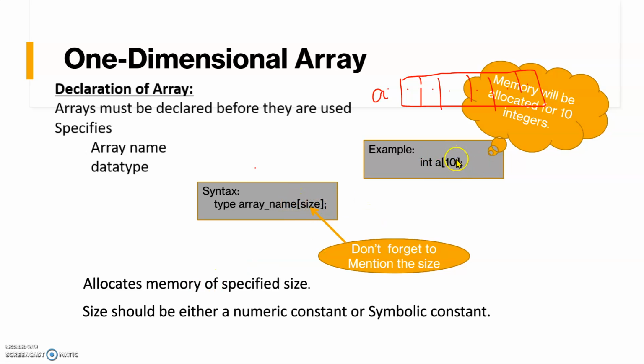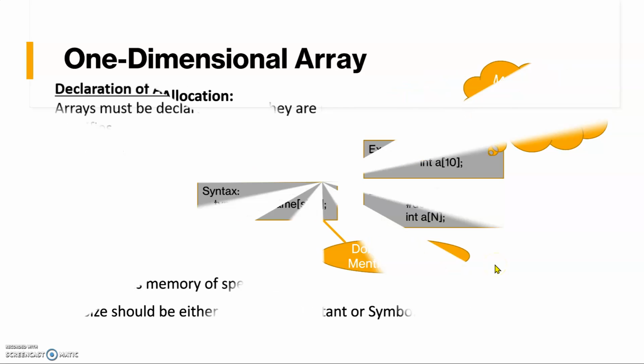You can directly mention 10, or else you can use a symbolic constant also. That can be done by using the #define preprocessor directive. That means you can use #define and define it as 20, and this symbolic constant can be used to mention your size. So any one of these 2 approaches can be used to mention your size. This is how declaration can be done.